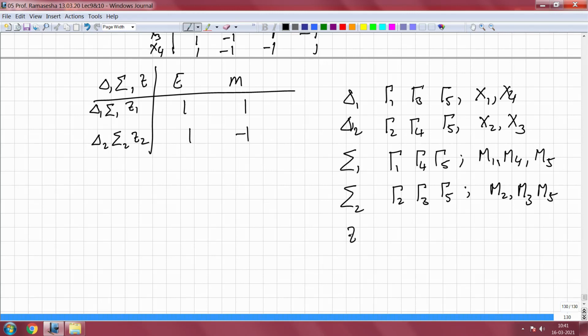And Z1 and Z2 will be compatible with X1, X3, and you have M3, M5, M1, M3, M5, X2, X4, comma M2, M4, M5.